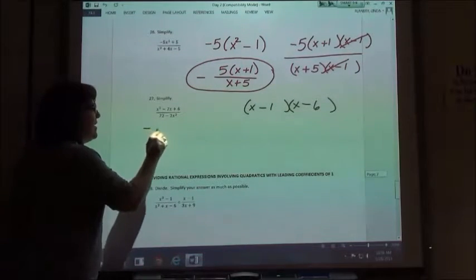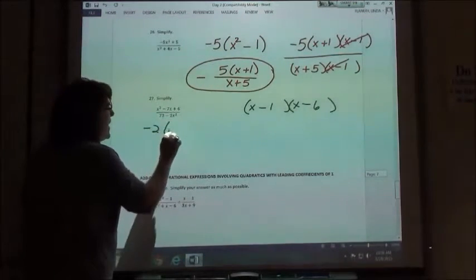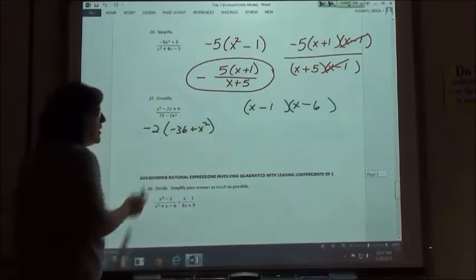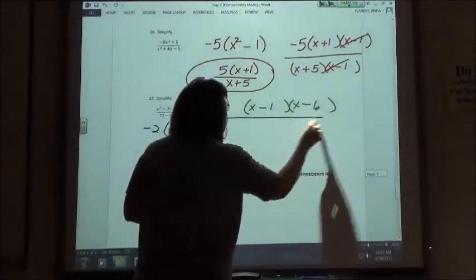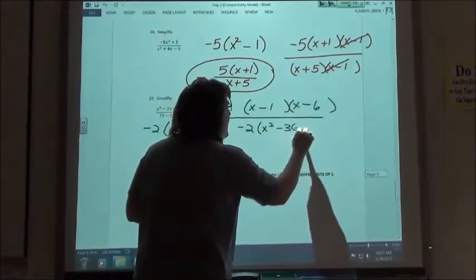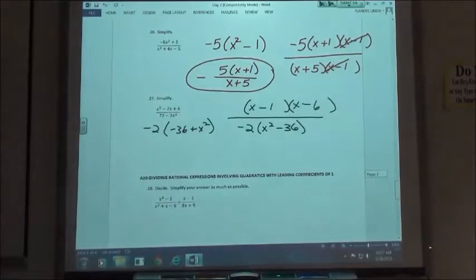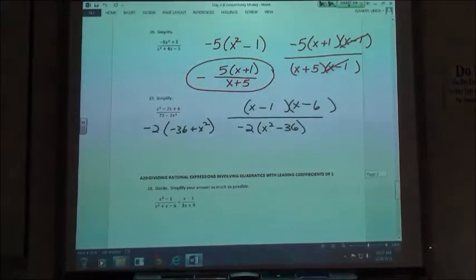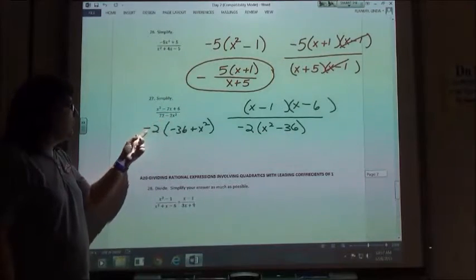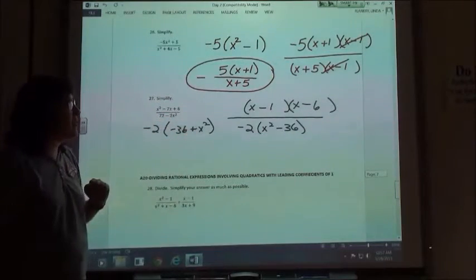If I take the negative 2 out of there, I'm going to get negative 36 plus x squared, which in other words would be negative 2 times x squared minus 36. Right? 72 divided by negative 2 is negative 36. Negative 2x squared divided by a negative 2 makes it a positive x squared.